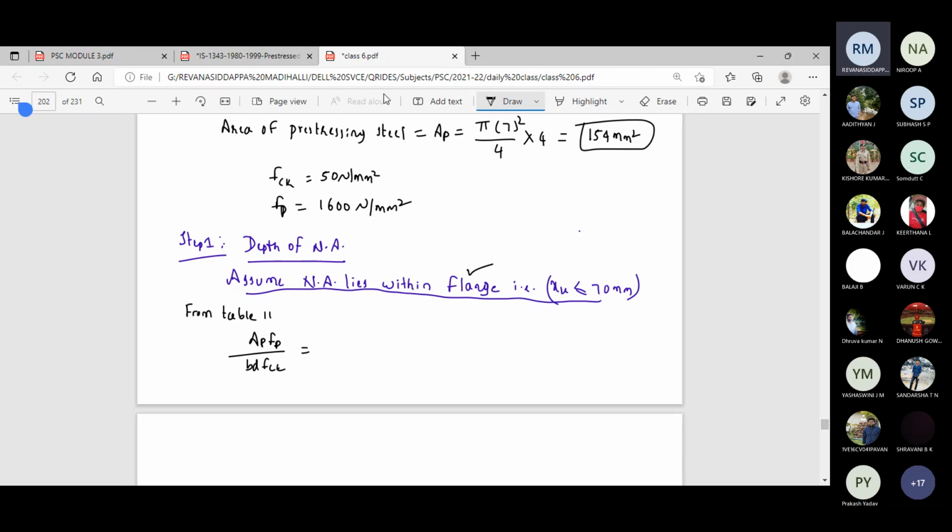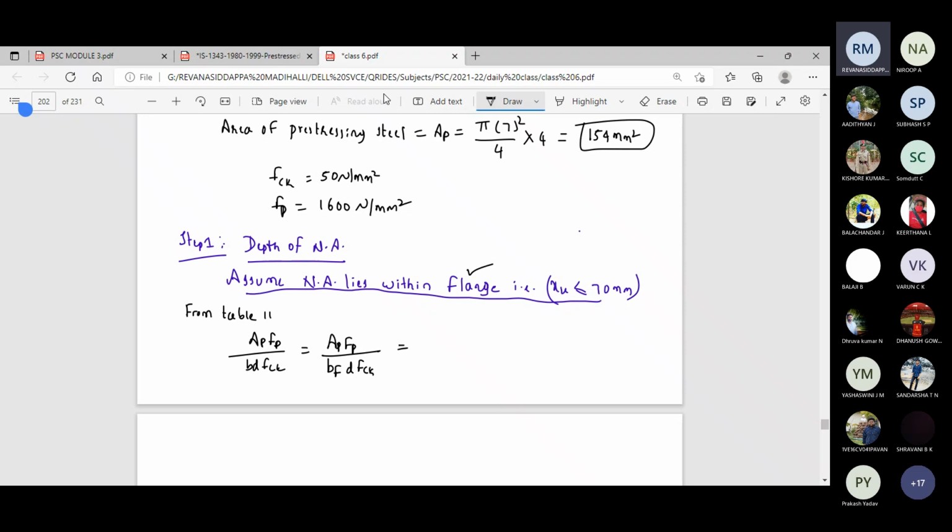So this formula should be rewritten as Ap fp divided by width of flange into d fck. When you assume depth of neutral axis lies within the flange, you need to take width of the flange. When you assume neutral axis lies within the web, then you need to take bw, width of web.